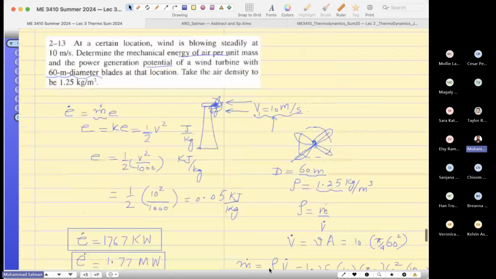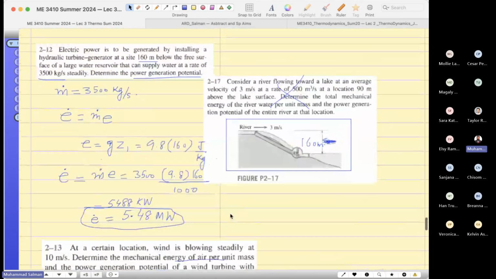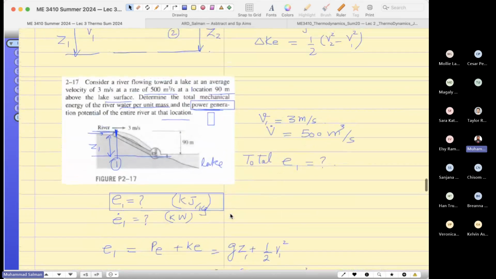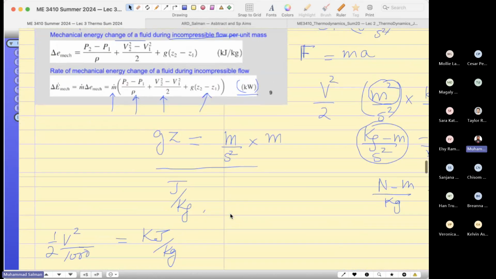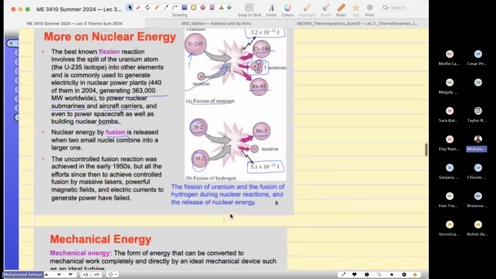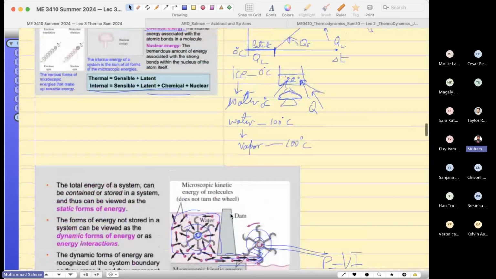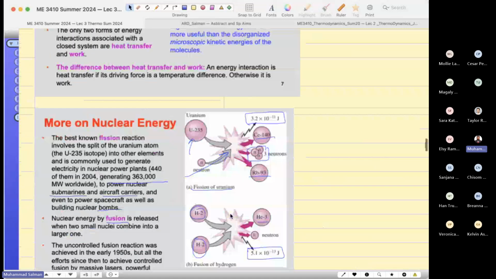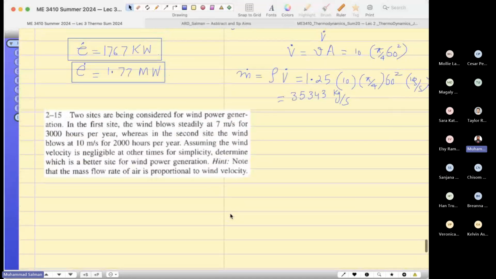It could be a wind turbine, a hydel power, or a nozzle. This energy chapter is focusing on developing the problem solving skill for different devices. And now let's focus on this question.